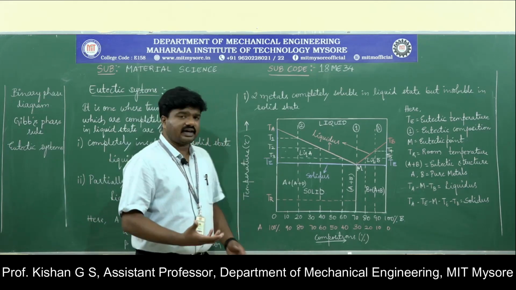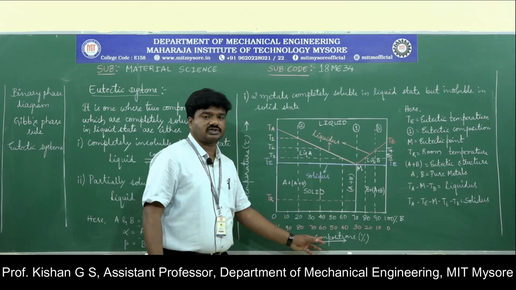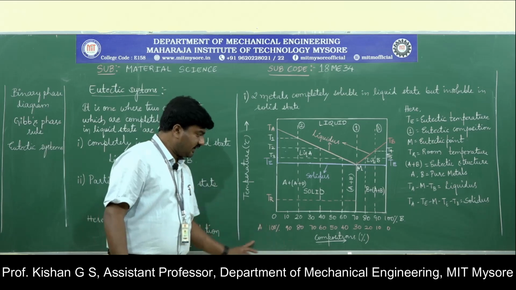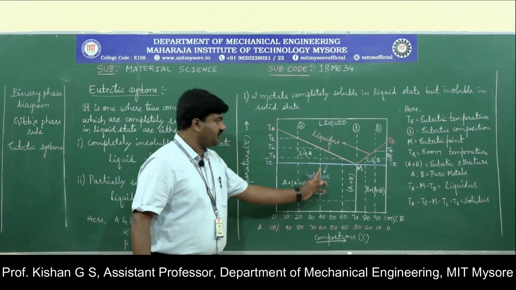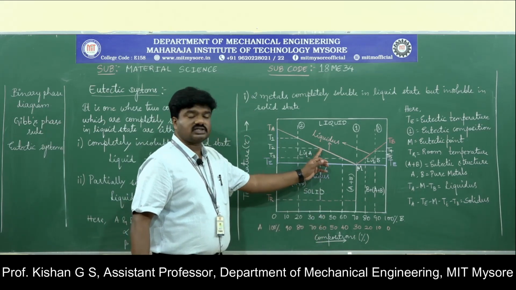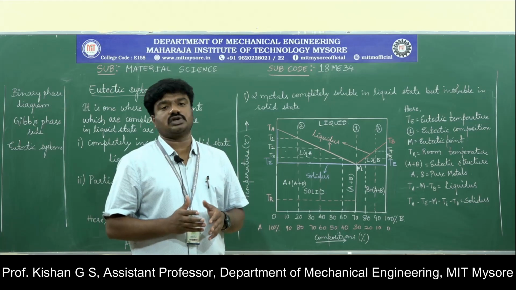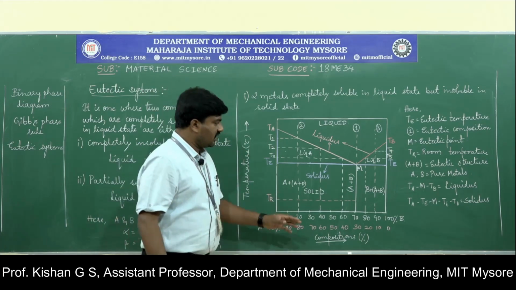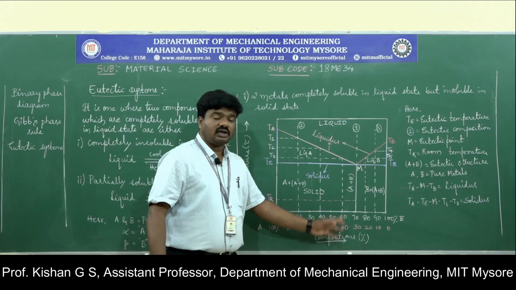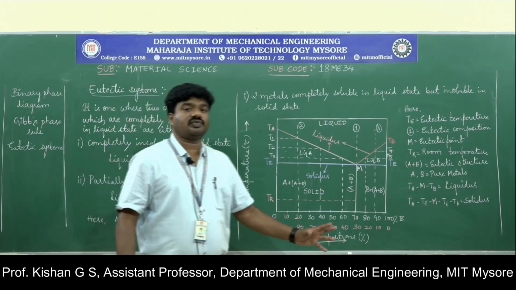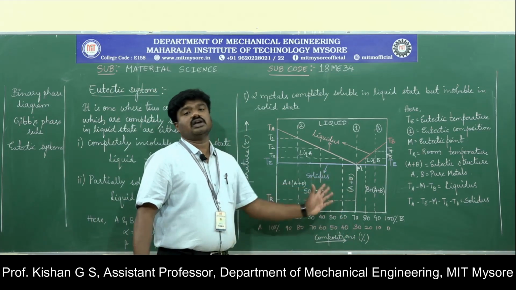Similarly, we will take one more composition which we have not mentioned here, that is 40% of B to 60% of A. Here again the percentage of A is more, so we can rely on pure metal A. For the same composition, if you draw a vertical line that meets the liquidus line, it again represents the continuation of the solidification process of pure metal A. Similarly, for one more composition, 40% of A and 60% of B, it is not a rich mixture of A, but a lesser percentage than the eutectic composition.